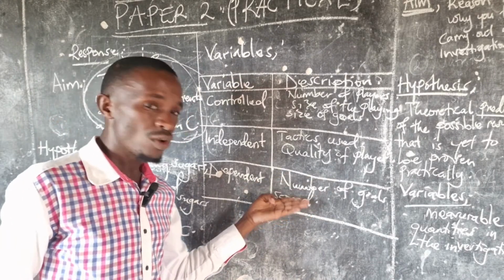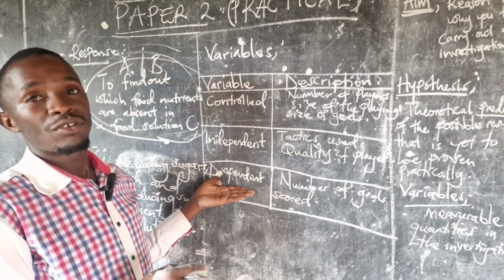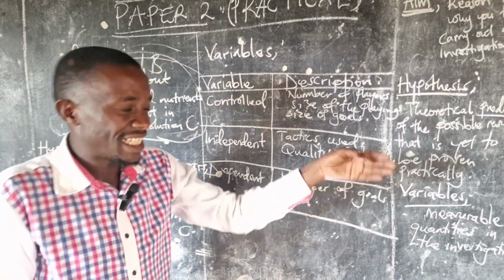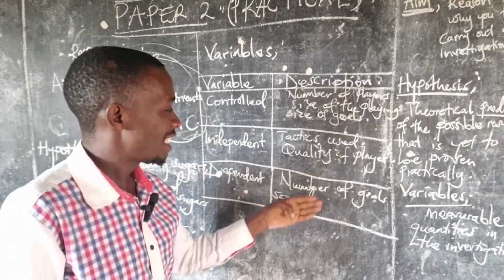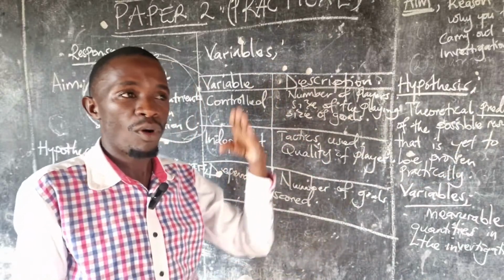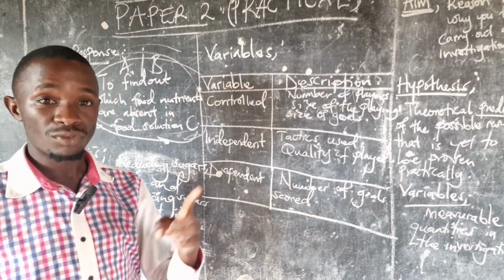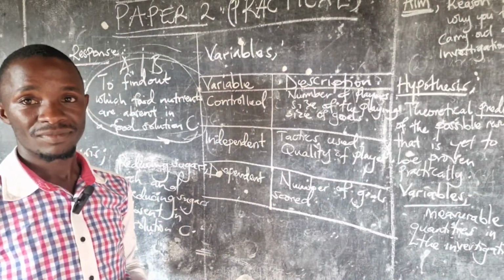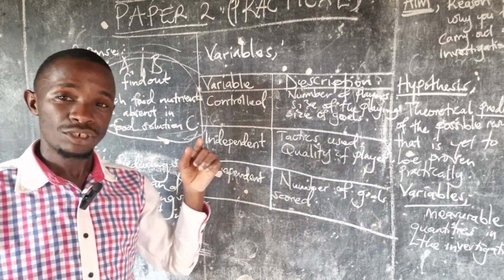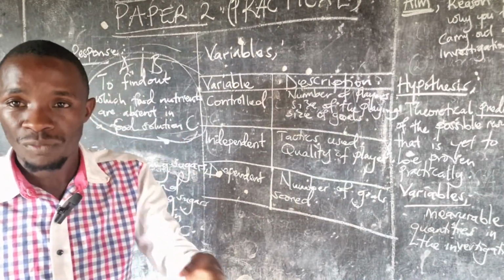If they are telling you to find out which team is stronger, the dependent variable will again change and say number of goals scored by each team, such that in the conclusion you will say that the team that has scored more goals and possessed the ball for a long period of time with a big percentage is stronger than the other. So the dependent variable depends on the scenario, the intention of the examiner. What is the examiner intending to know?